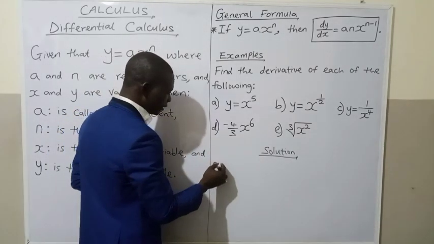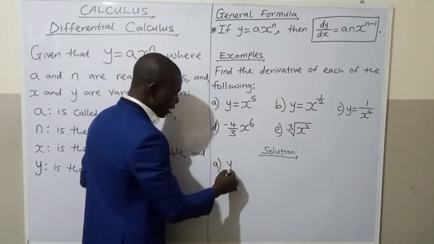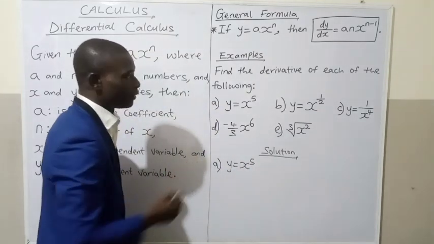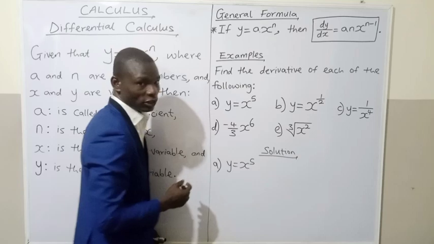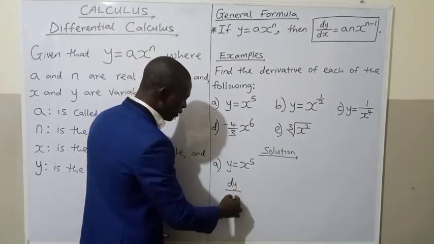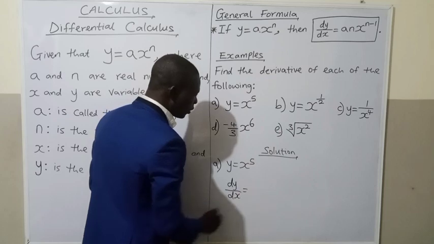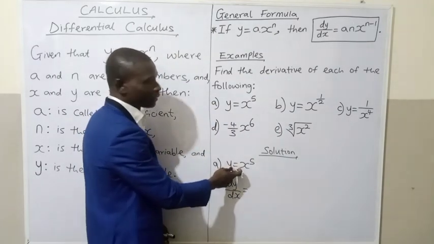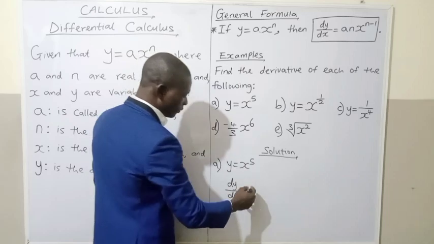So A says that y equals x raised to the power 5. So finding the derivative is the same thing as differentiating y with respect to x. So that tells us dy by dx will be equal to, this 5 comes behind to multiply the coefficient of x as we have it in the general formula there.